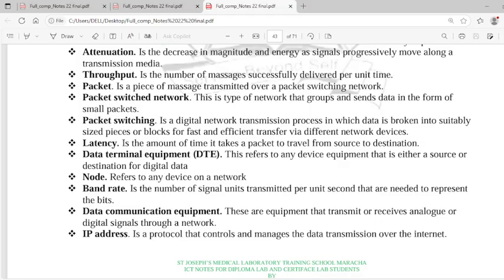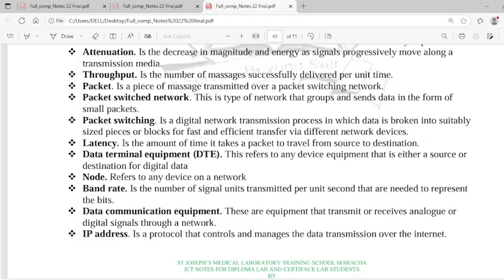Latency is the amount of time it takes a packet to travel from a source to a destination. So if it takes you 5 hours to move from, say, Arua town to Ovujo, then those 5 hours are the latency.